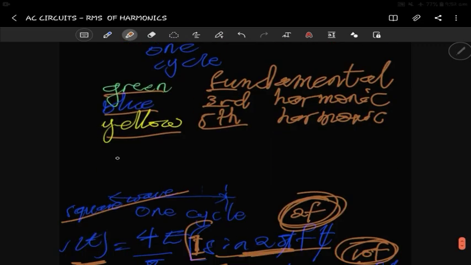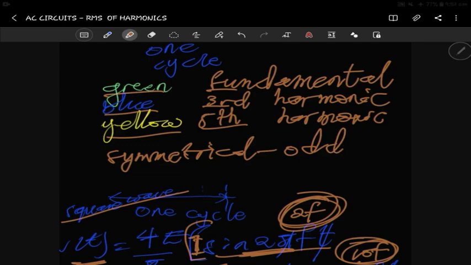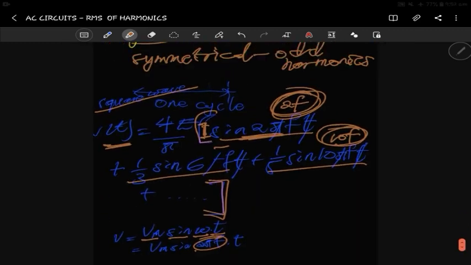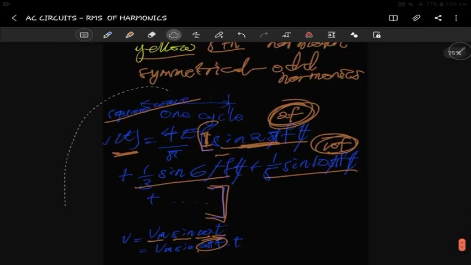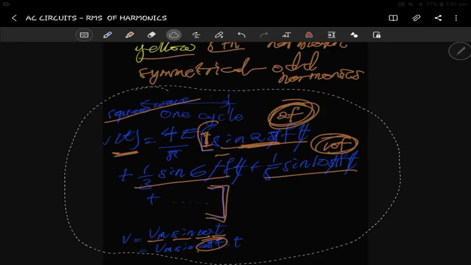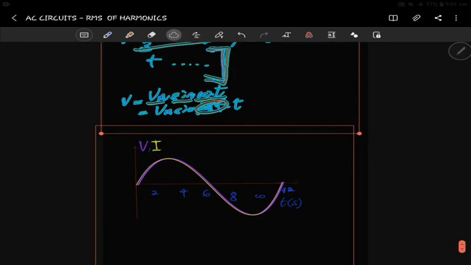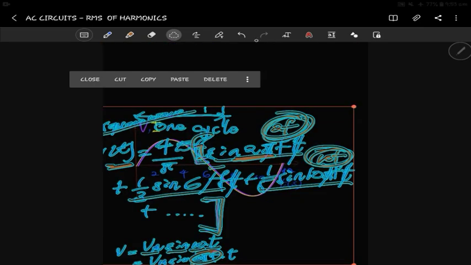When you are representing a symmetrical waveform, we end up representing it using odd harmonics. And if you have an asymmetrical waveform, we represent it using even harmonics.